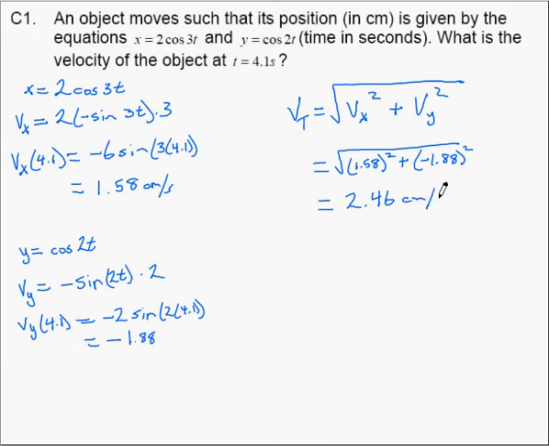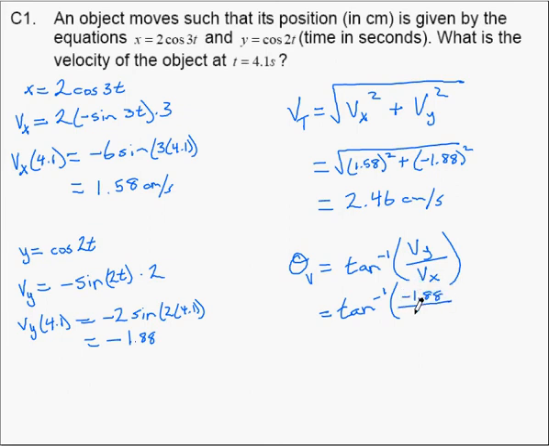We also need the direction of the velocity, or theta v, and that's going to be the tan inverse of the y component over the x component, which means tan inverse of negative 1.88 over 1.58.